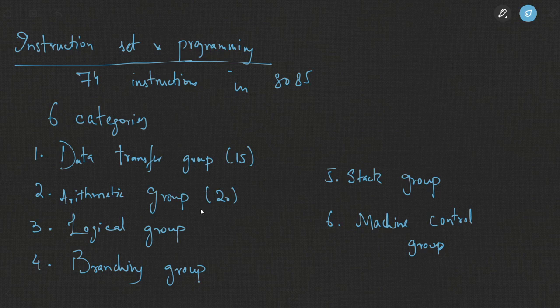Then you have the logical group that consists of 19 different instructions.